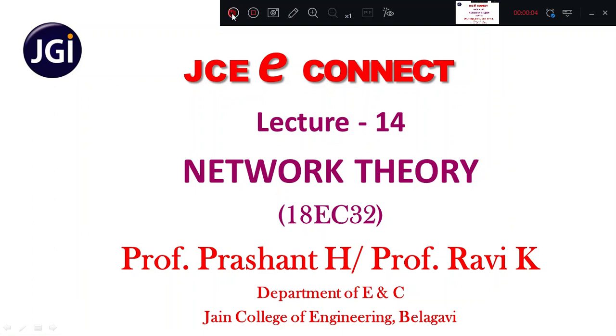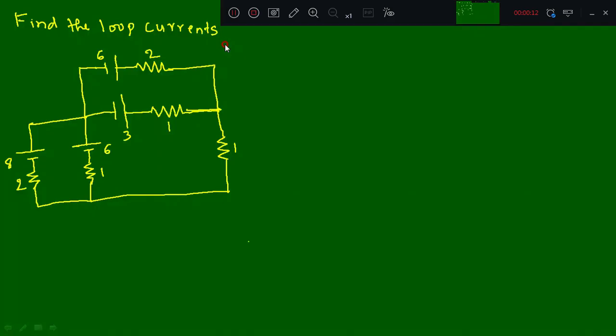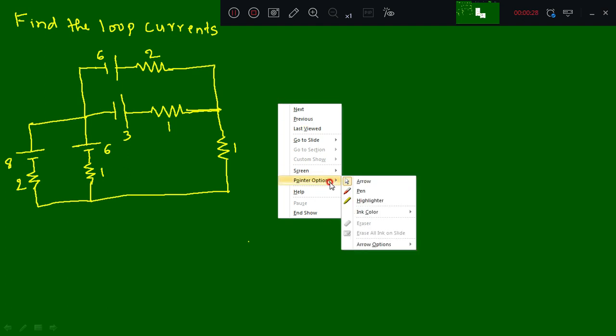So we will continue with lecture number 4, problems on mesh and super mesh. The problem statement is: find the loop currents, and the circuit is given. First we will assume the loop currents in the given circuit diagram.